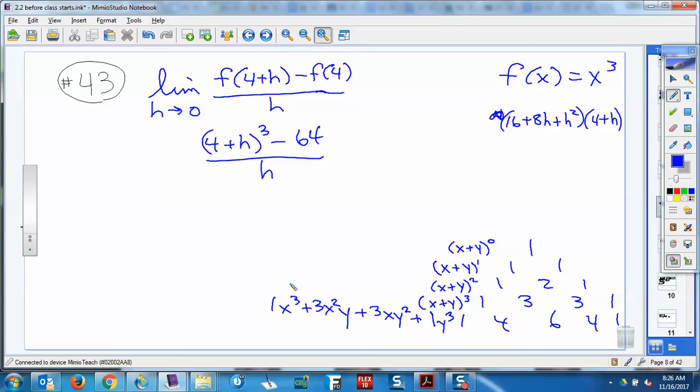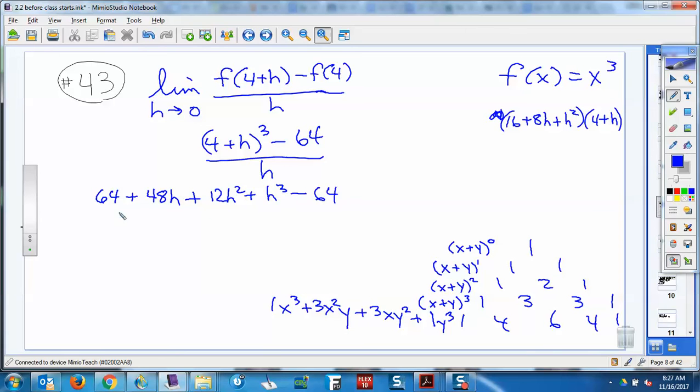So we could do that here. So this is going to be 1, 4 cubed, which is 64, plus 3, 4 squareds, right? What's 4 squared? 16. What's 3 times 16? 48. And then h to the first, plus 3 4s, which is 12, h to the second, and then 1 h cubed. Okay?